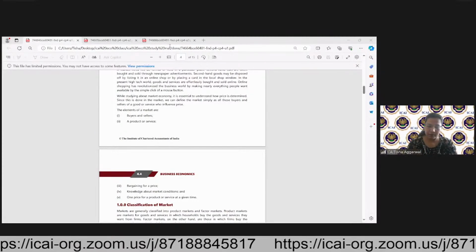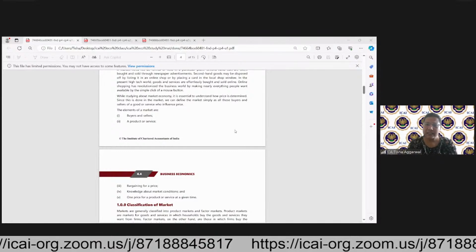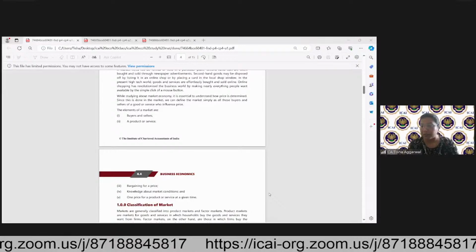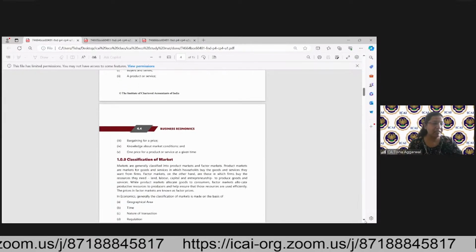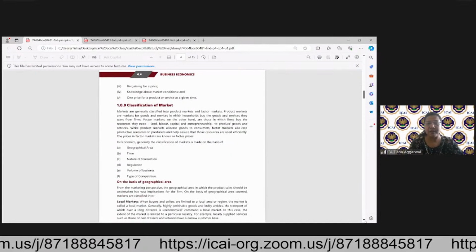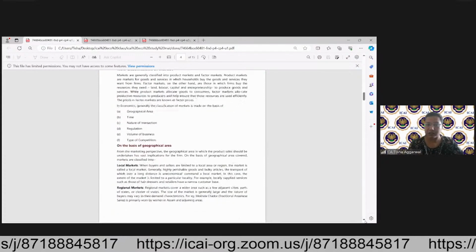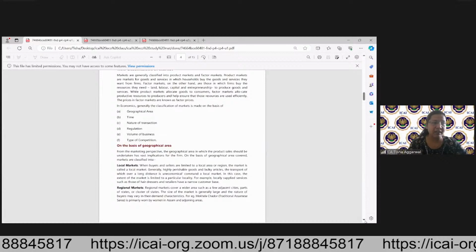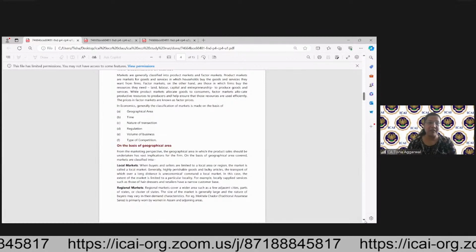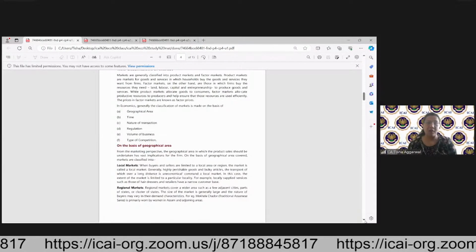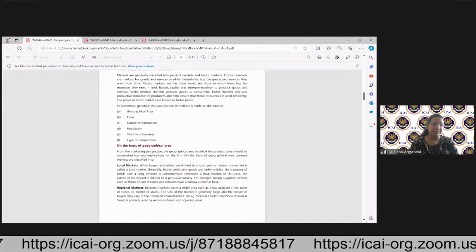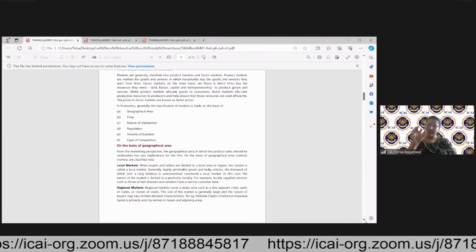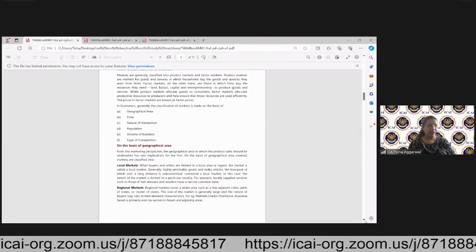Okay, perfect. Next, we talk about classification of the market. When we talk about classification of the market, we primarily have the market on the basis of geographical area, on the basis of time, on the basis of nature of transaction, on the basis of regulation, on the basis of volume of business, and on the basis of type of competition. First, we talk about geographical area.